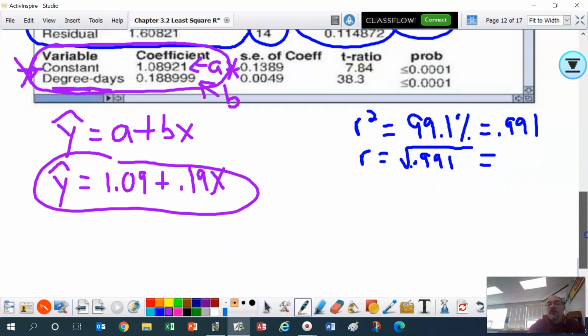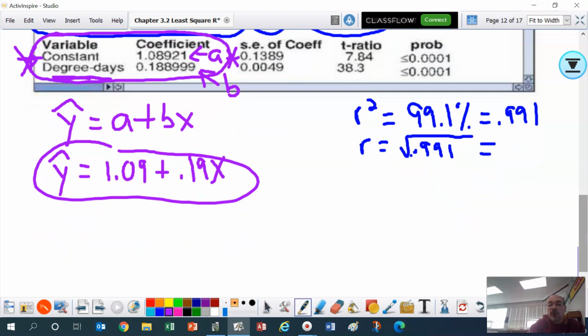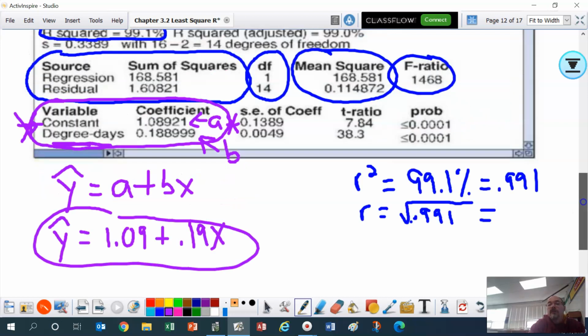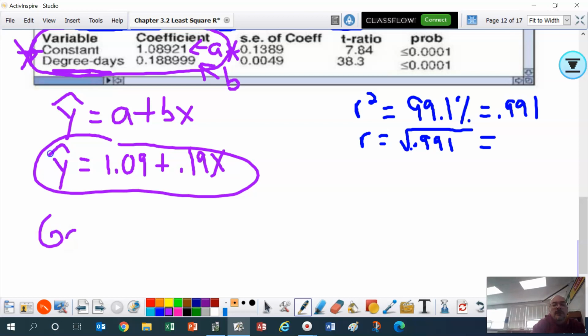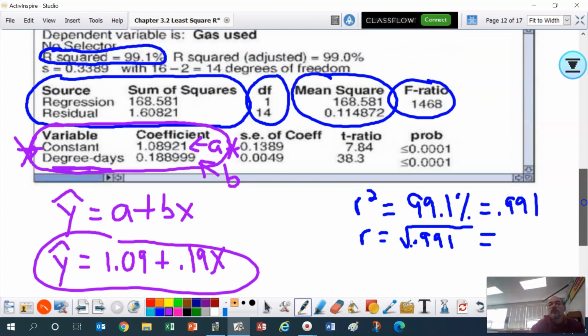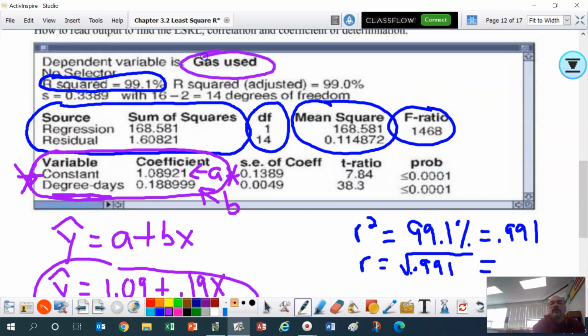Now, just FYI, sometimes you can use words, ladies and gentlemen. So instead of X, you could use degree days, okay? And instead of Y, you would put whatever it is, I forget what, oh, gas used. So this could be gas used. I'm getting that from right here, folks.